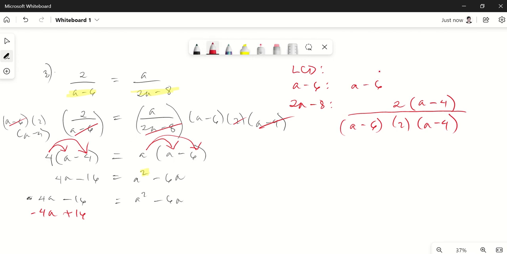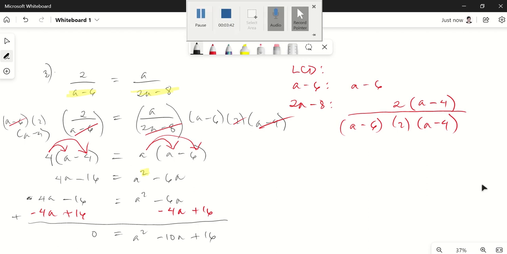Take note that whatever you do on one side of the equation, you need to do it as well on the other side of the equation. So you need to add a negative 4a here and a 16 here as well. Since you added the additive inverse of each term here on the left-hand side, that will become 0. And you bring down a squared, negative 6a plus negative 4a is negative 10a, and this is 16.